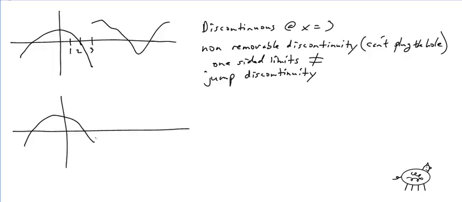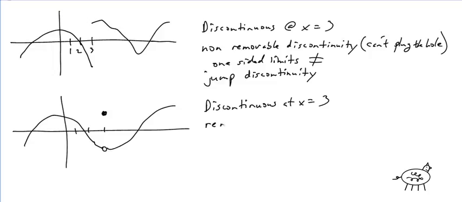If I go like this, all right, this is not continuous, or it's discontinuous at x equals 3. This is called a removable discontinuity.